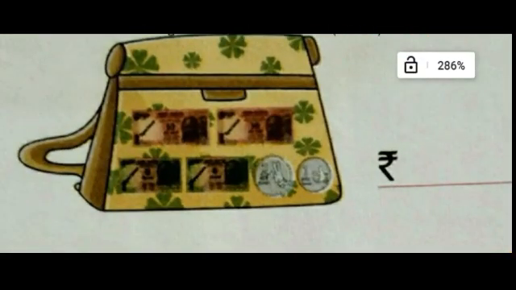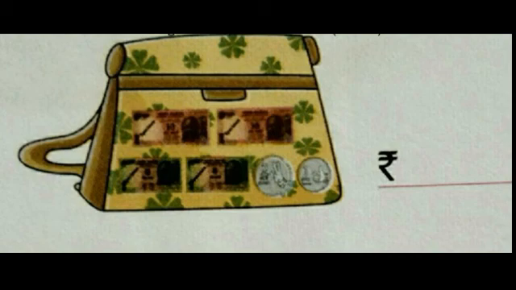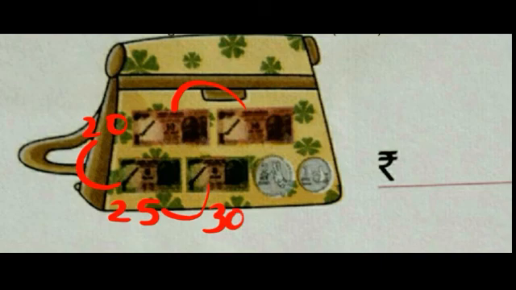Here we have a 10 rupee note, 10 rupee note, 2 5 rupee notes, 2 rupee coin and 1 rupee coin. Okay, so let's count. 10 plus 10 is equal to 20 rupees. 20 plus 5 will give you 25. 25 plus 5 will give you 30. 30 plus 2 will give you 32.